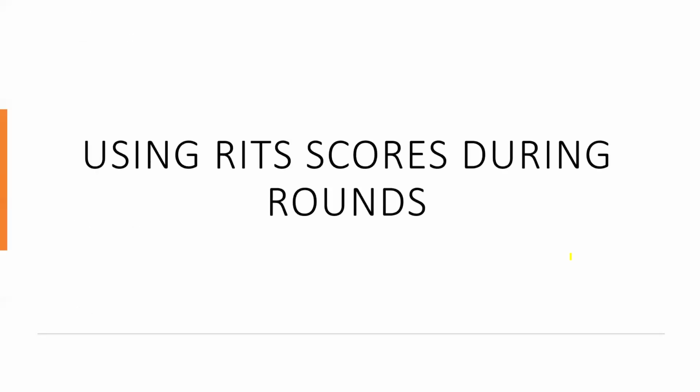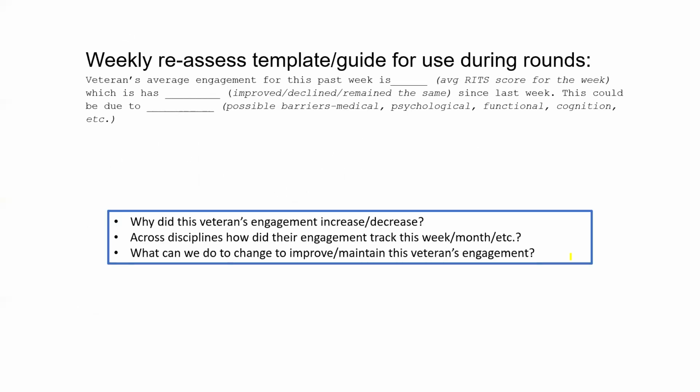So here is just an outline of the worksheet that you can use to fill in the rest of the case studies. So, using RITS scores during rounds. In your packet, I have a weekly reassess template for use during rounds, and similarly to when you do weekly goal re-updates, having just this little blurb about the veteran's engagement for the week.